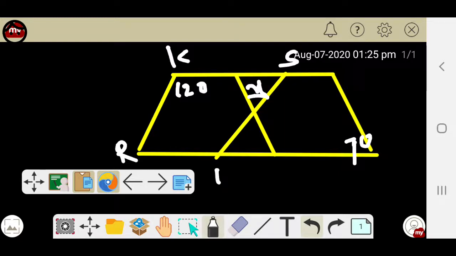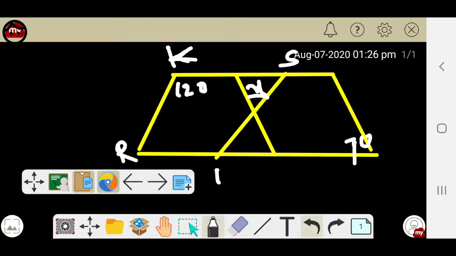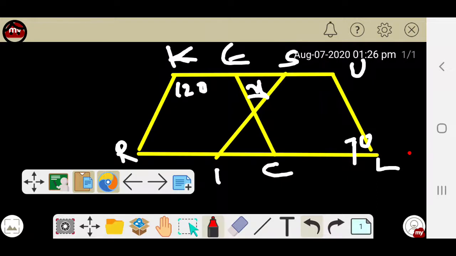RISK is a parallelogram. The next one, CLUE. Now we can identify two parallelograms. Consider the first parallelogram, RISK.